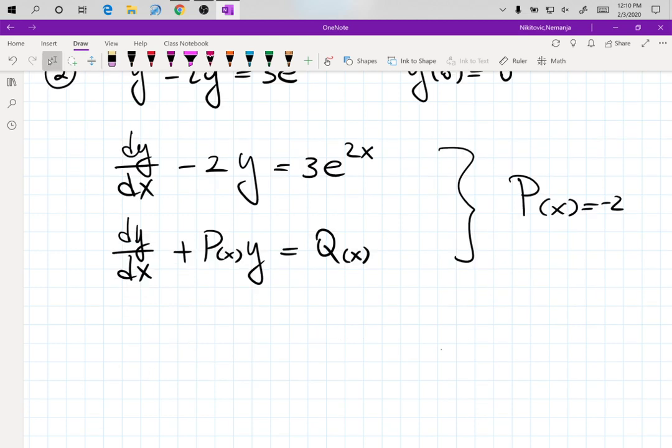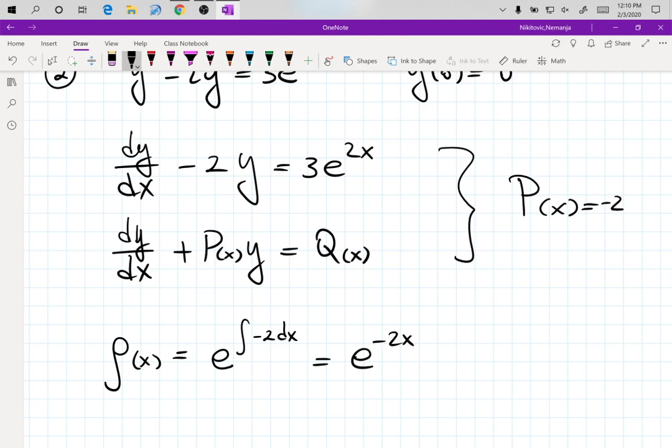Once I have that, I am going to compute the integrating factor rho of x. Rho of x is going to be e raised to the integral of negative 2 dx. And that is just e to the negative 2x.